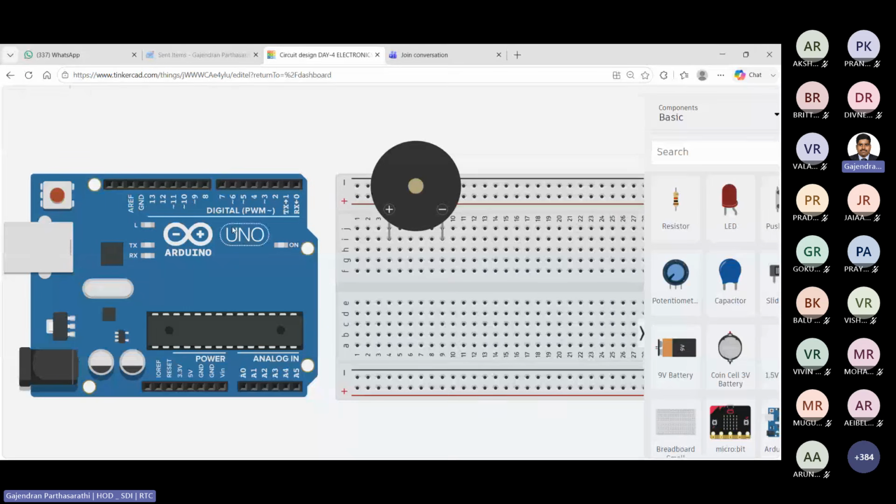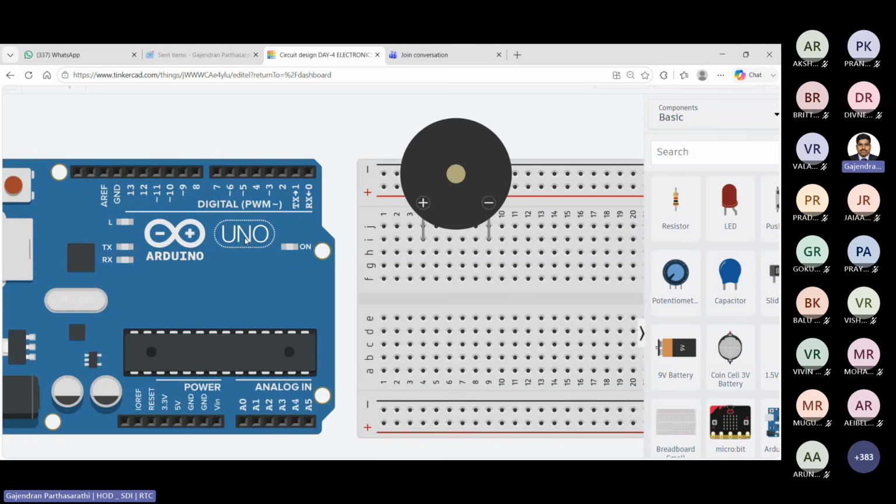Can anyone type the PWM pin numbers available in the Arduino Uno? How can you identify the PWM pin numbers? Not 0 to 13, not 0 to 7.